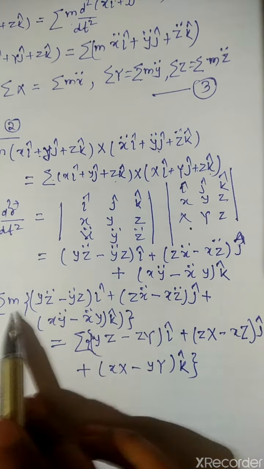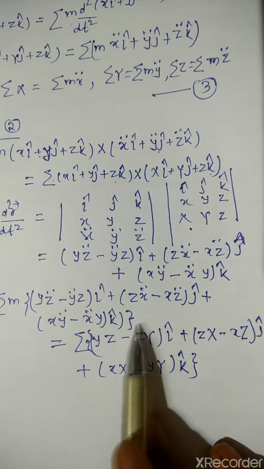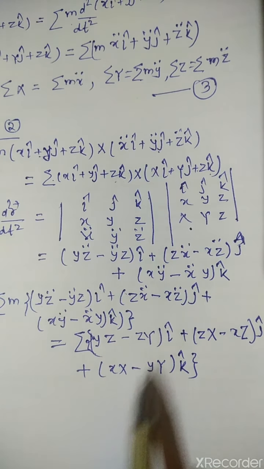Now we are multiplying and equating the values of i, j and k from both sides.